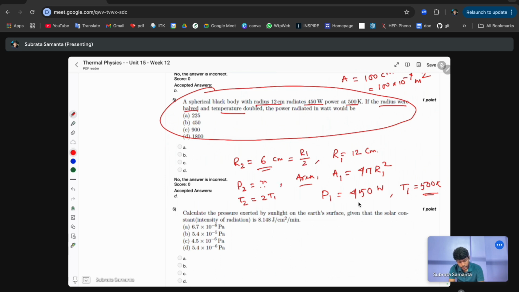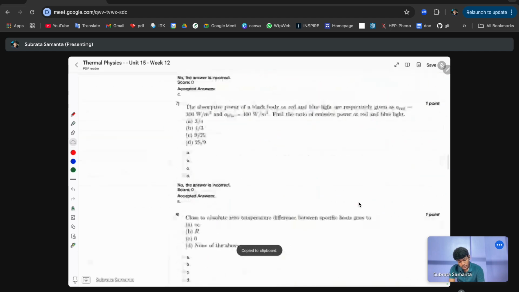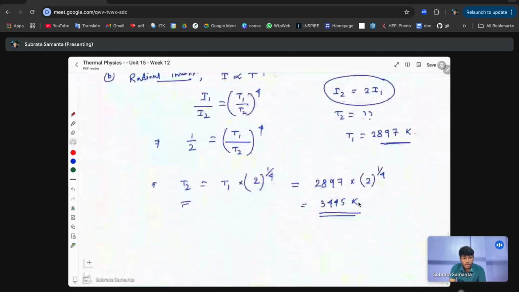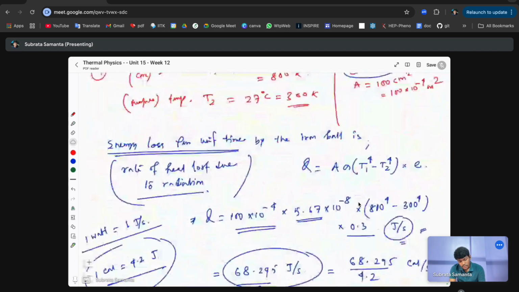You have to calculate P2 when T2 is 2T1. Radiant power depends on area and temperature, because only these two variables change: the radius, that means area, and the temperature.